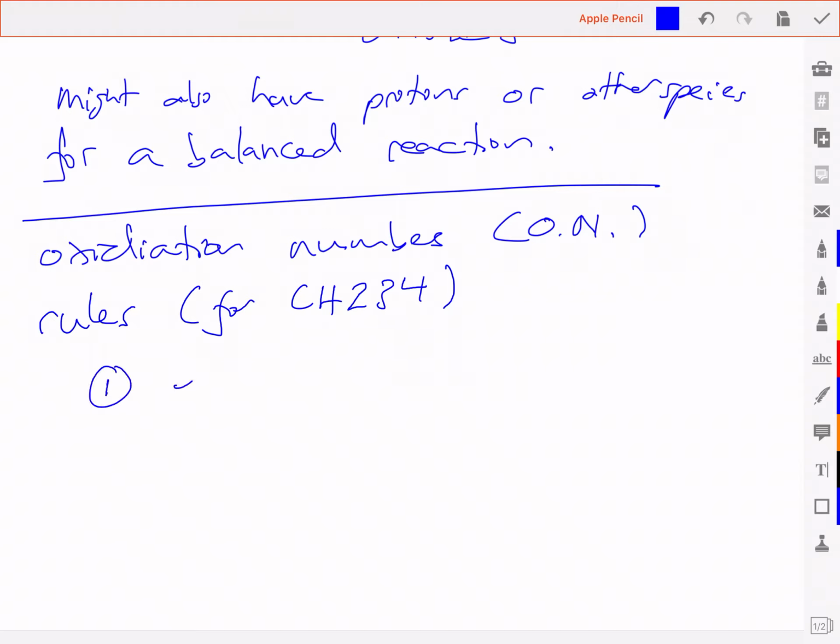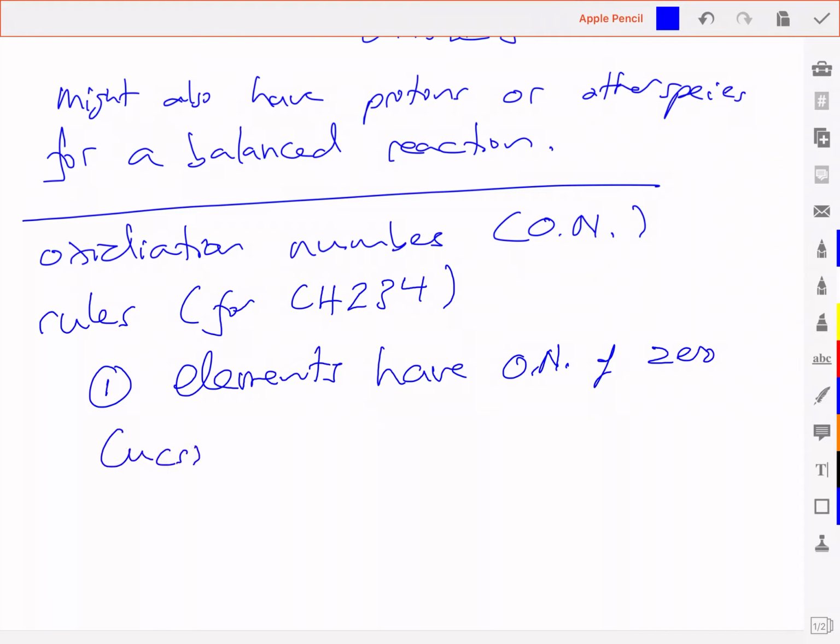So the first one, elements have an oxidation number of 0. So anything not combined with anything else is an oxidation number of 0. So that'd be solid copper, oxygen gas, chlorine gas. It doesn't matter if you're not combined with anything other than yourself. There's also elemental sulfur.